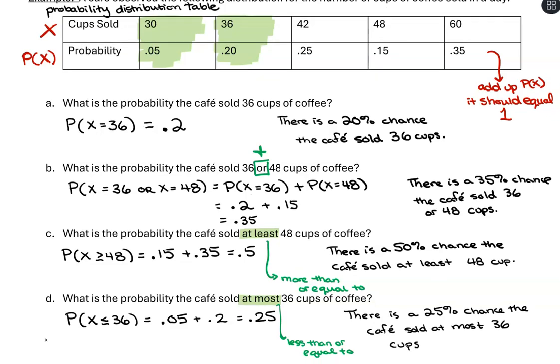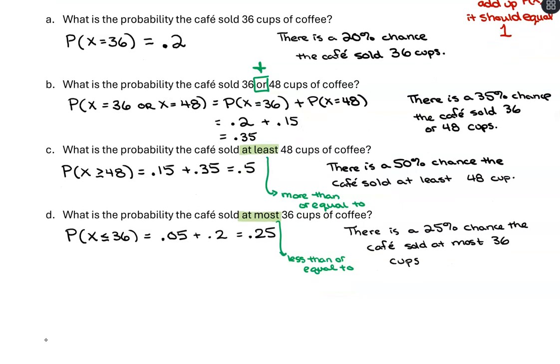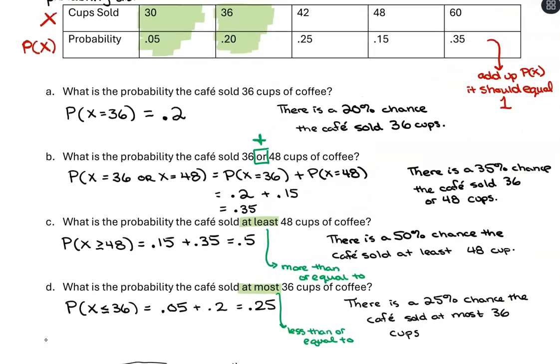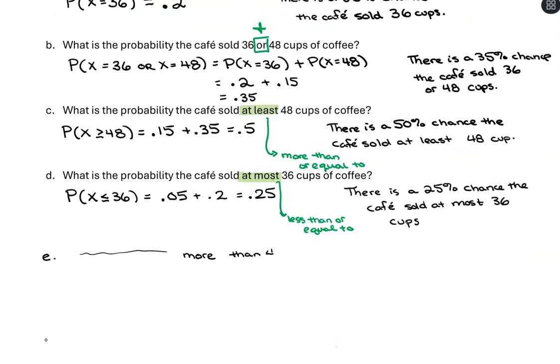I'm going to add one more in here, even though it's not on the list. What if I wanted to find the probability the cafe sold more than, let's say, 42 cups of coffee?